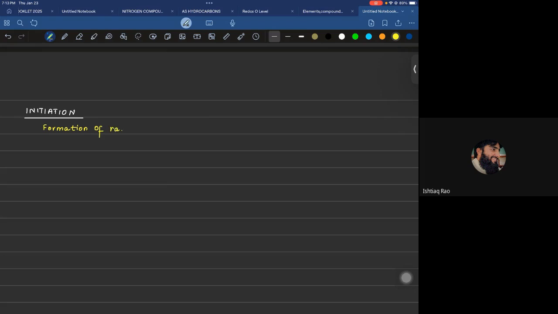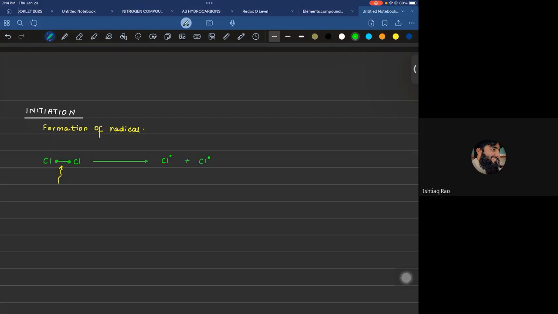Now I have a chlorine molecule, that is this single covalent bond, and I am providing UV light to this chlorine molecule. Ultimately, there would be homolytic fission.